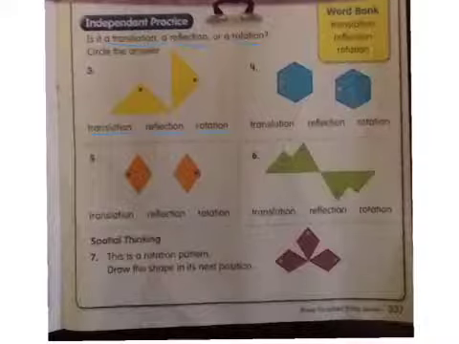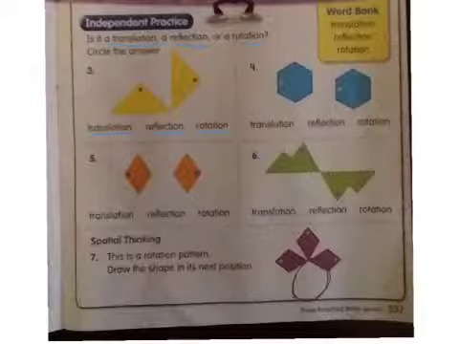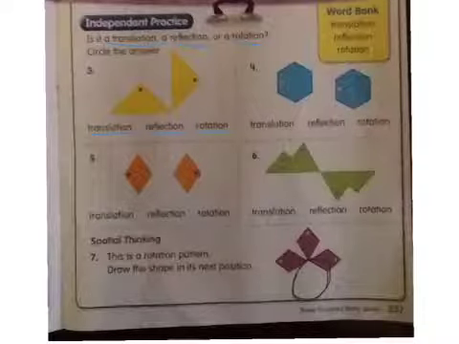So, that is like a diamond shape. So you would have to draw the shape in the next position in where this circle is. You don't need to draw the circle that I drew there. You would just draw that shape in its next position of where it would go there in that circle. Try your best, and if you still need help with that, raise your hand and I will help you.